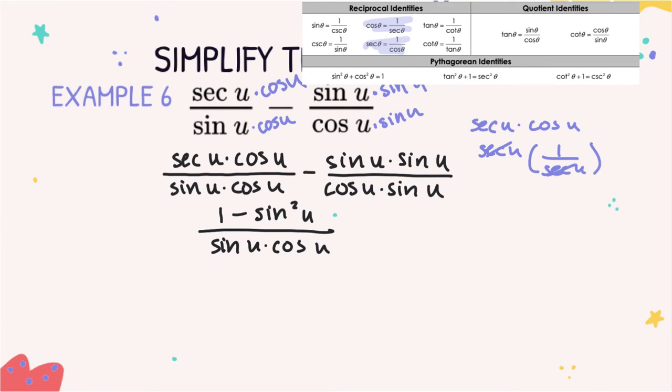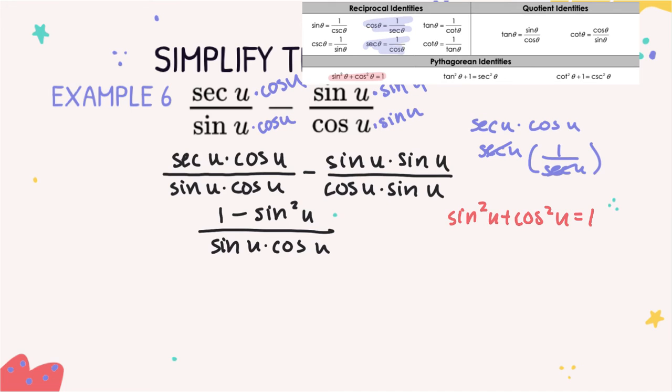And now once again, I'm dealing with that same Pythagorean identity that I have been working with all along. It seems to be our friend. Sine squared u plus cosine squared u equals 1.